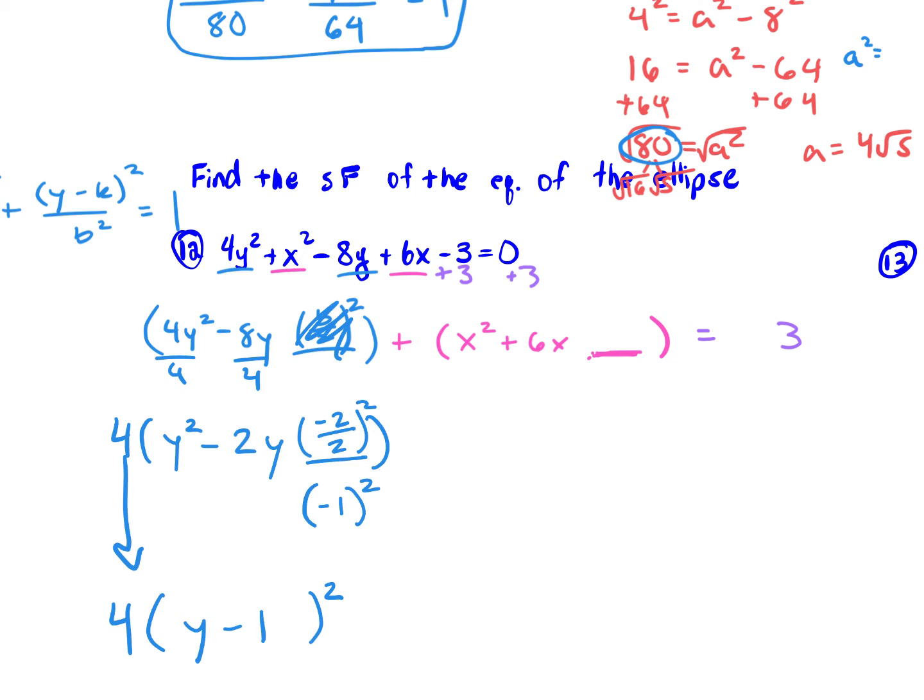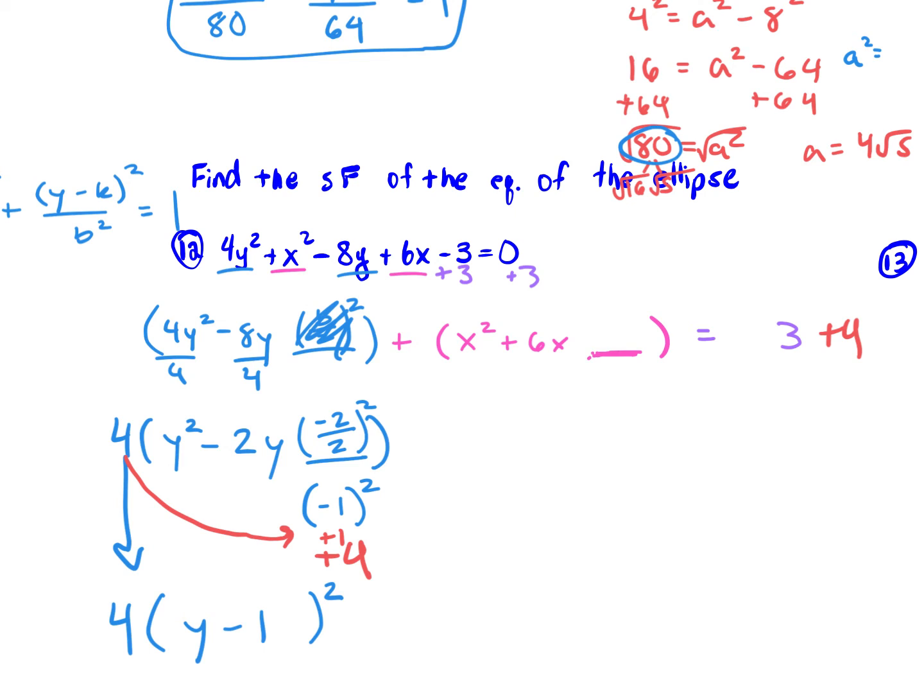And then here, I have negative 1 squared, so I'm adding 1. But it is actually 4 times 1. So I'm adding 4 here. So I need to add 4 on the right side also. So don't forget, if you take something out, you need to multiply it to that number that you're adding. So negative 1 squared is 1. I'm adding 1, but it's actually 4 times 1. So I'm adding 4, so I need to add 4 to the right side.